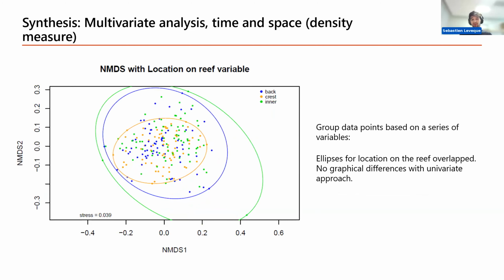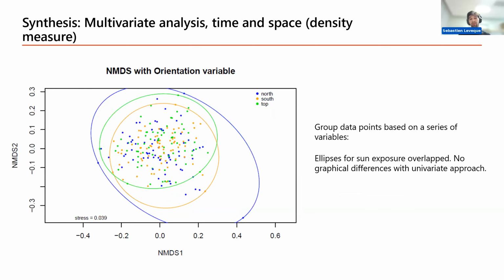But then when we move on to the location on the reef, we see that there are no graphical differences with the univariate approach, as well as for the orientation variable, where the sun exposure doesn't seem to have a direct impact on our density data in a multivariate analysis.